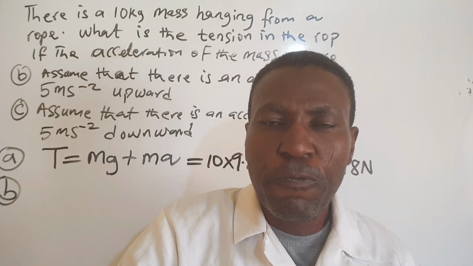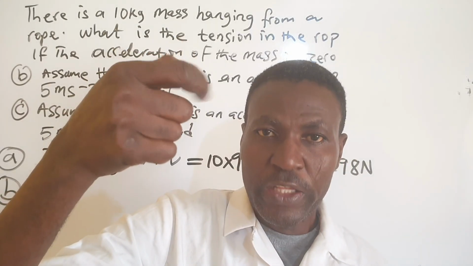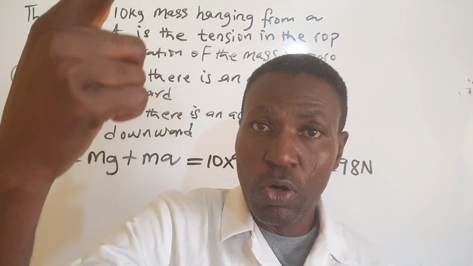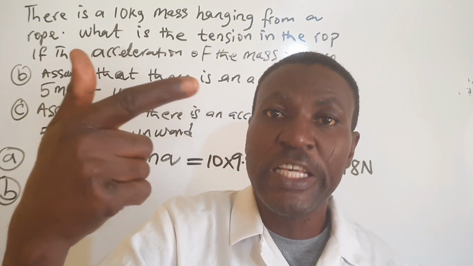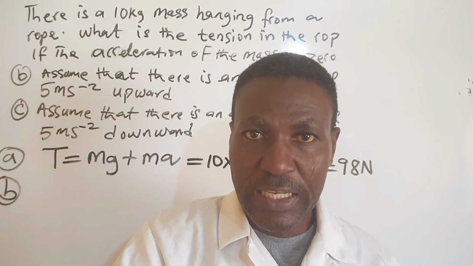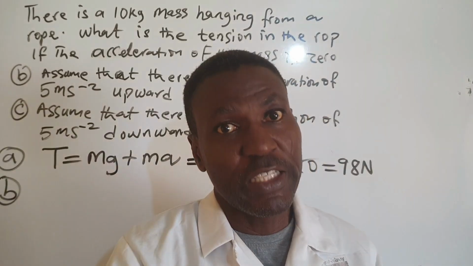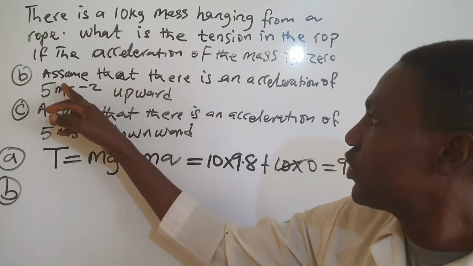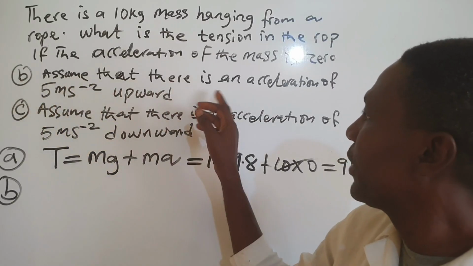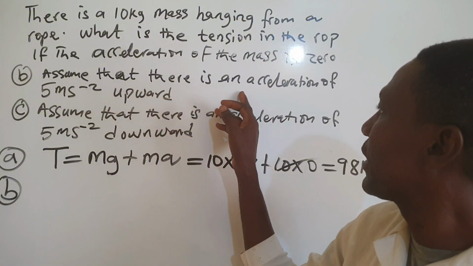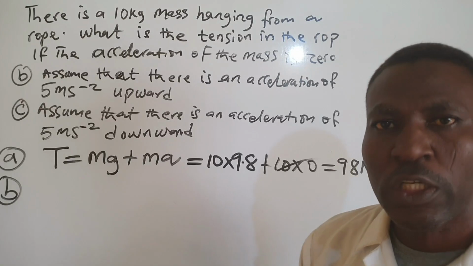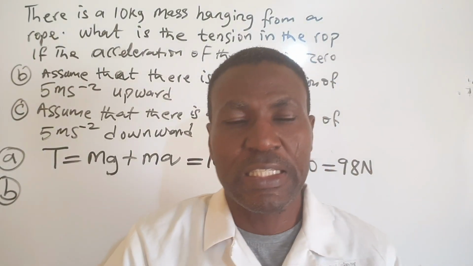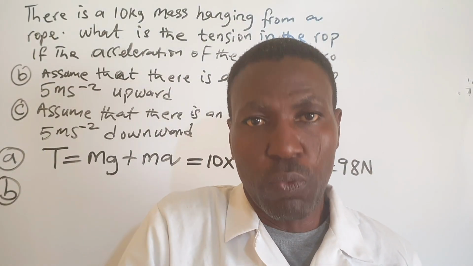Now if you are drawing the mass up, that means the mass is moving upward, meaning that the mass is moving in direction of the tension. You understand? So it is moving in direction of the tension, okay? Which is question B. It is telling us assume that there is an acceleration of 5 meters per second square upward. This question means that the mass is now moving upward, okay?